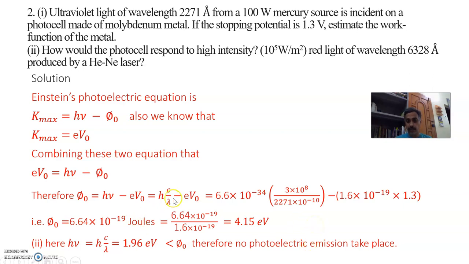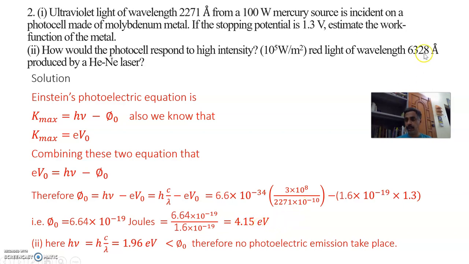In the first problem, we got h nu as 8.76, right? But here what we are getting is 1.96 electron volt. So phi naught is 4.15 electron volt, definitely, in this case too.